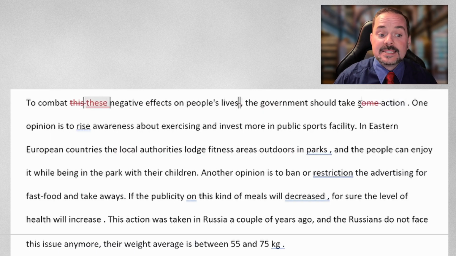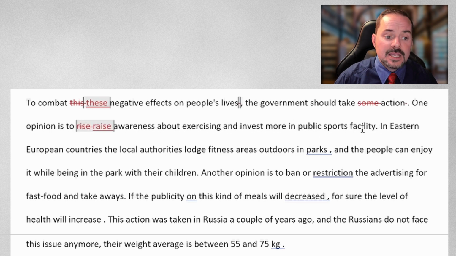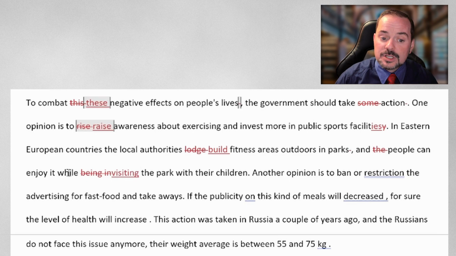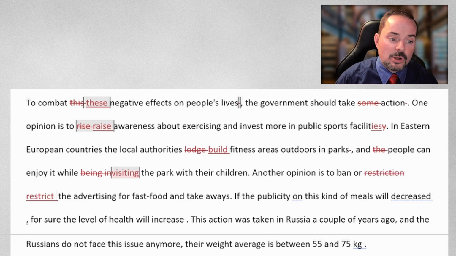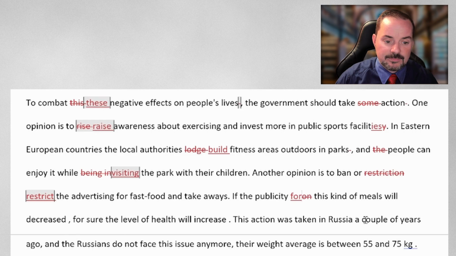To combat these negative effects on people's lives, the government should take action. One opinion is to raise awareness about exercising and invest more in public sports facilities. In Eastern European countries, the local authorities build fitness areas outdoors in parks, and people can enjoy it while visiting the park with their children.